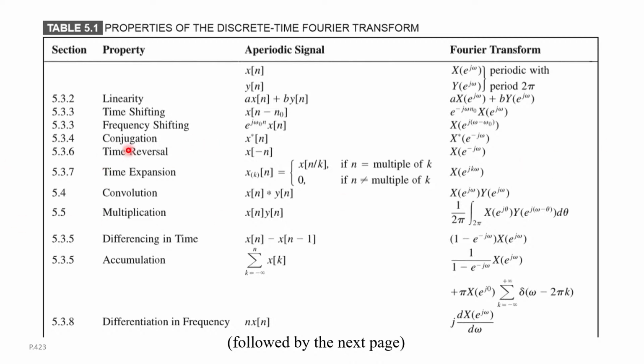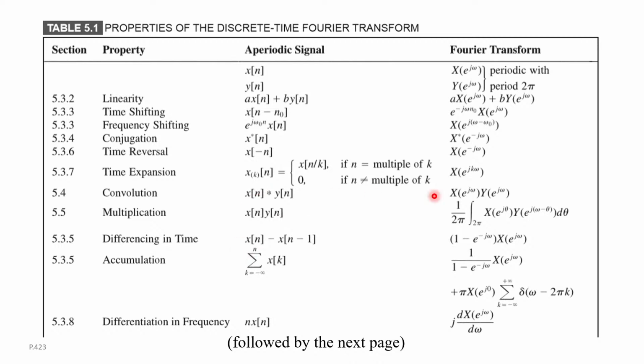Now time expansion is weird, because first you cannot do compression, and for time expansion you can only expand with some multiple k. And when you do this multiple-of-k expansion, you get squeezing in your frequency domain, so you get k multiplying your ω.